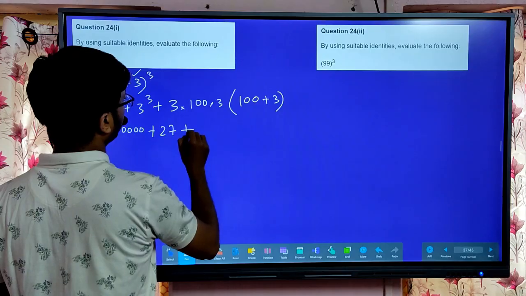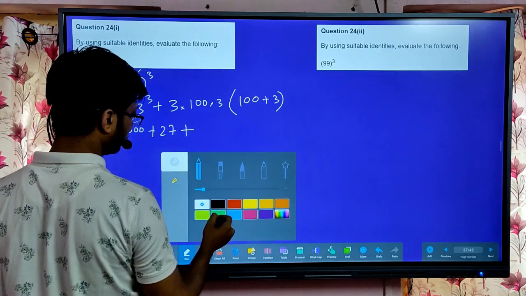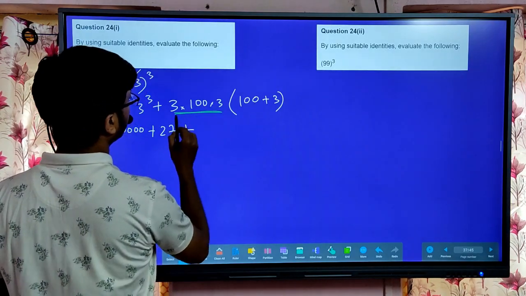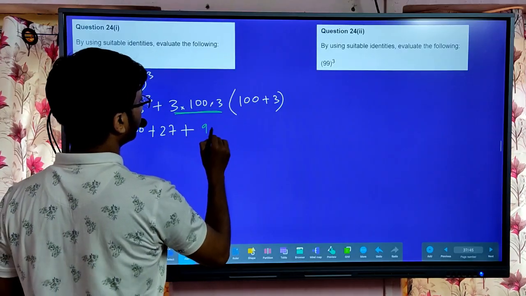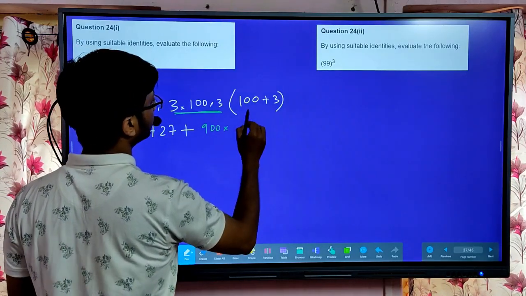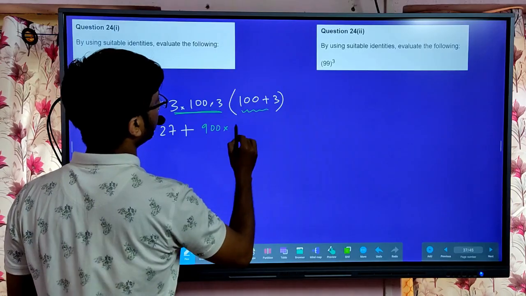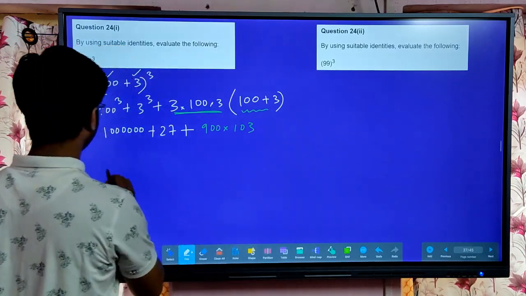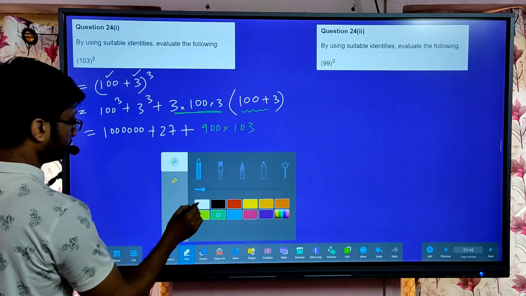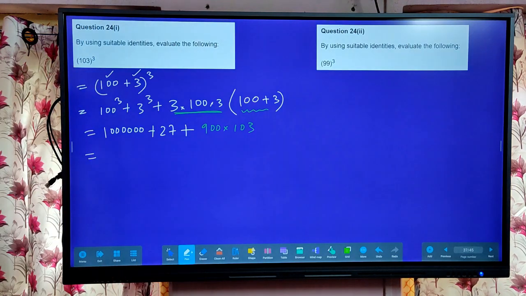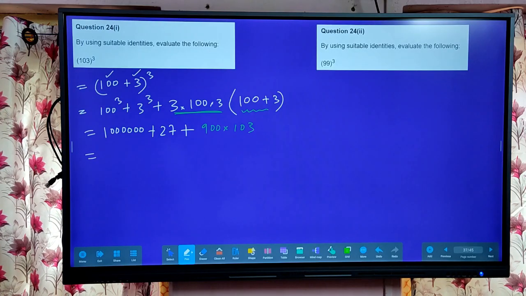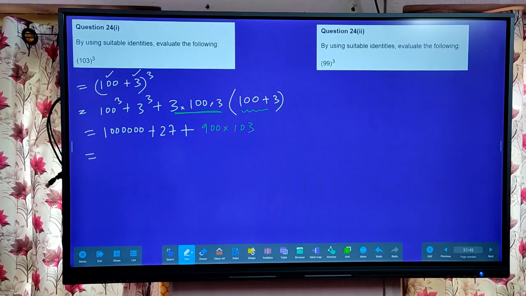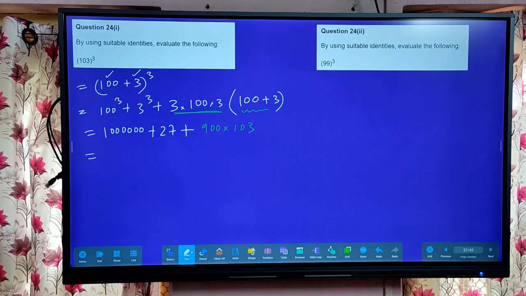This portion, how much? This is 900. 900 into this portion, which will be 103. So you do this multiplication. How much will it come? 900 into 103.